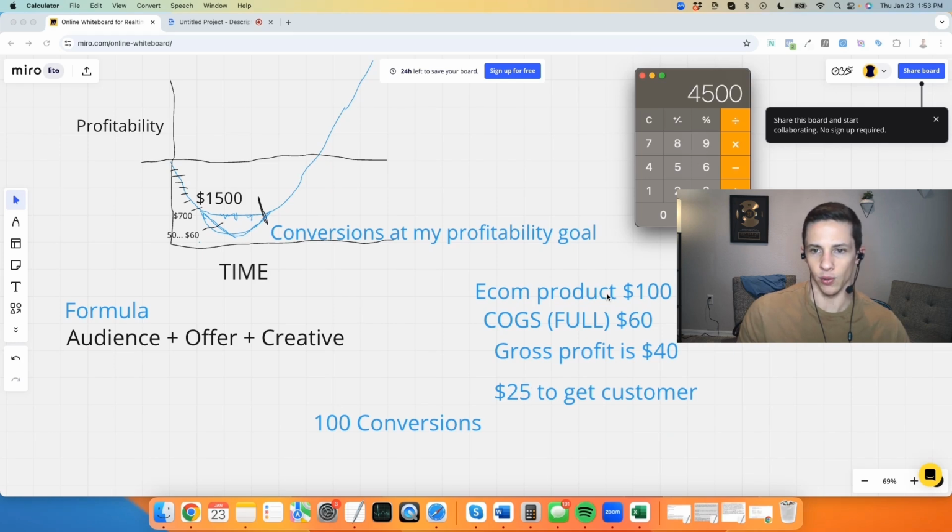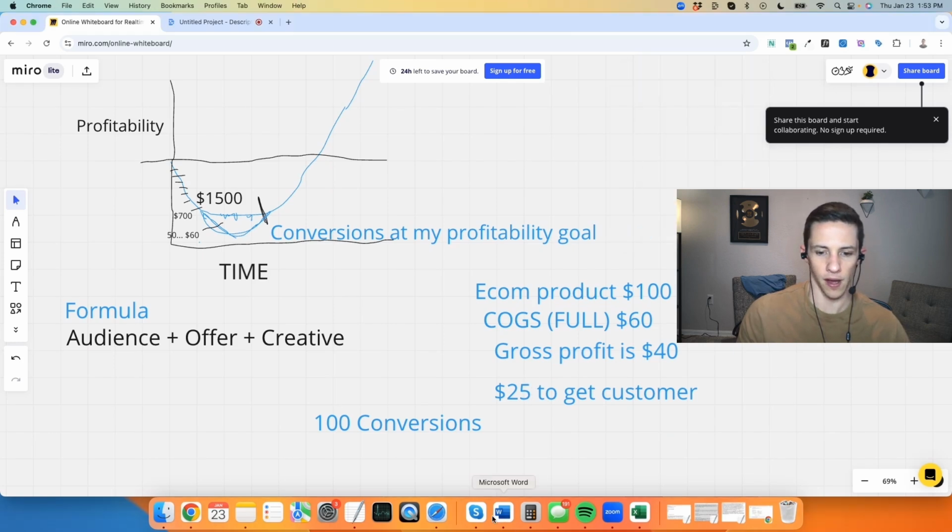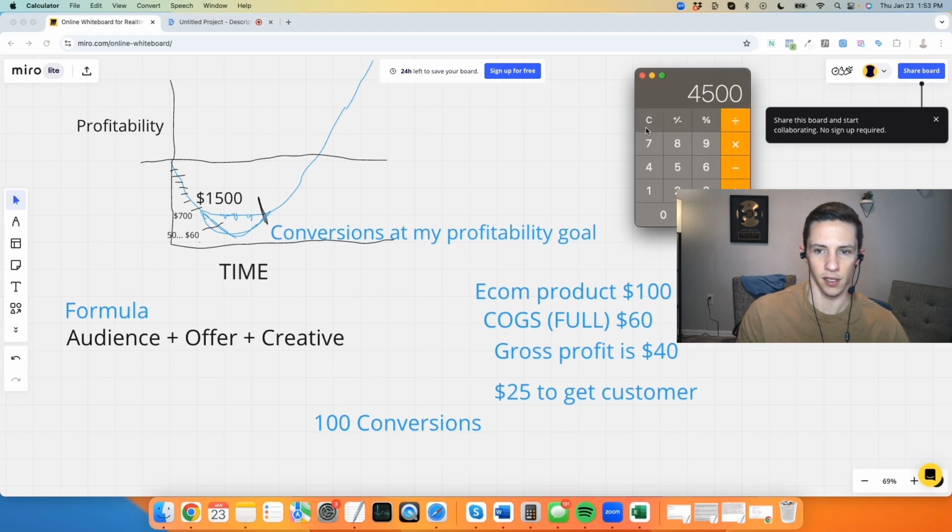Maybe 50x. What would 4,500 divided by 250 be? That'd be 18. Oh, so surprisingly, that actually wasn't that much more than your initial target. But just say 20 times your initial target is where you need to be willing to risk on the testing phase to figure out if this is even going to work.